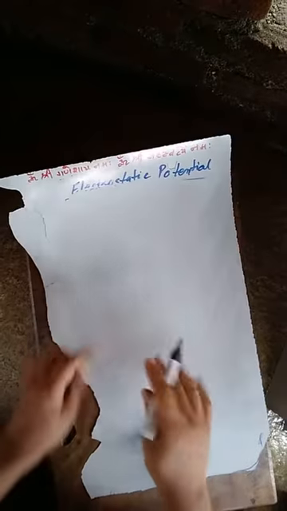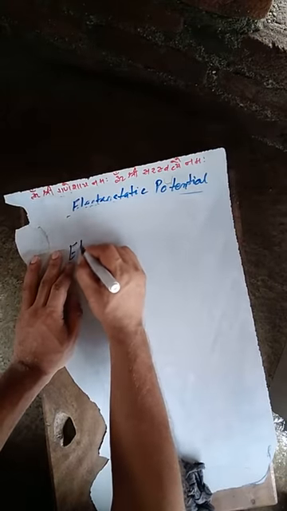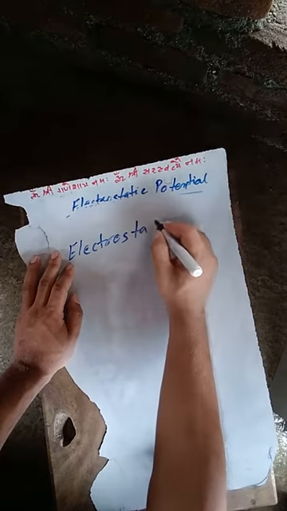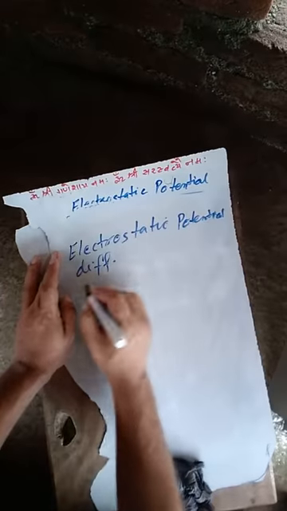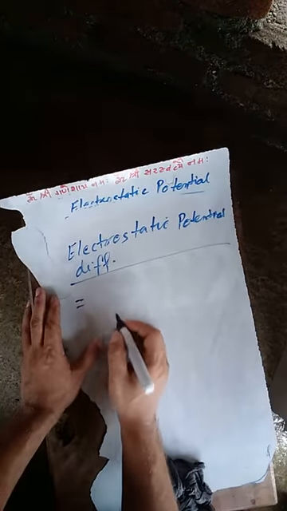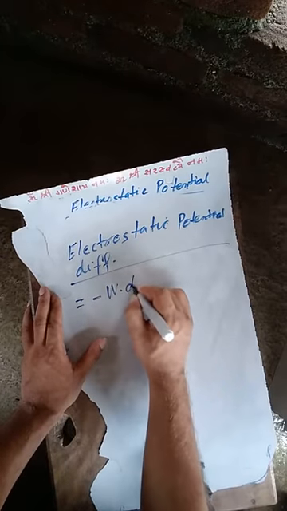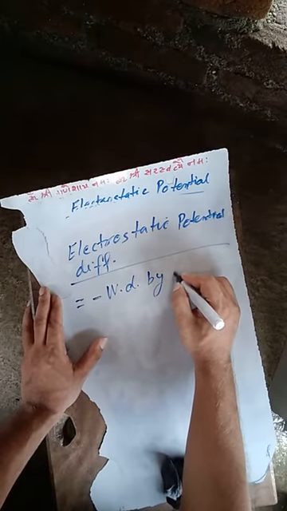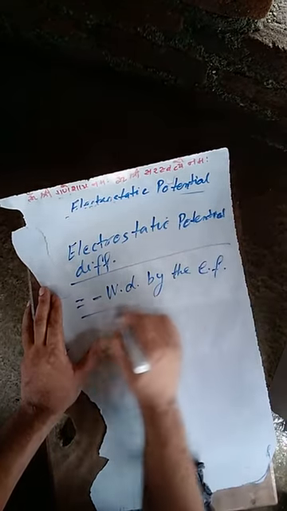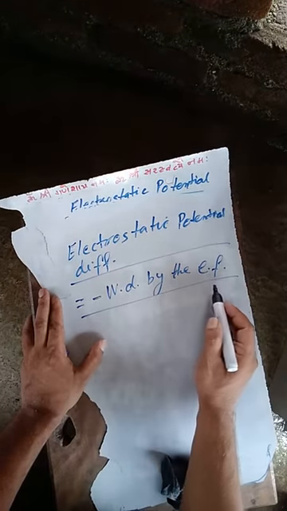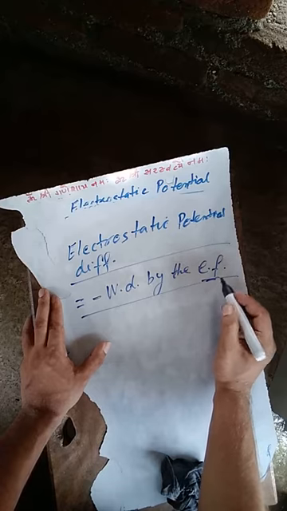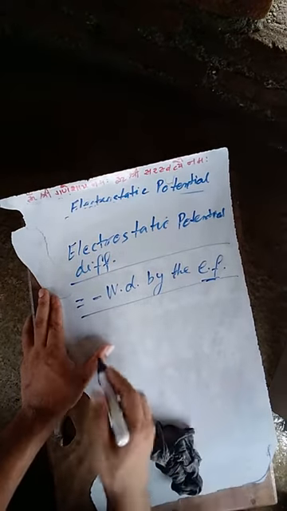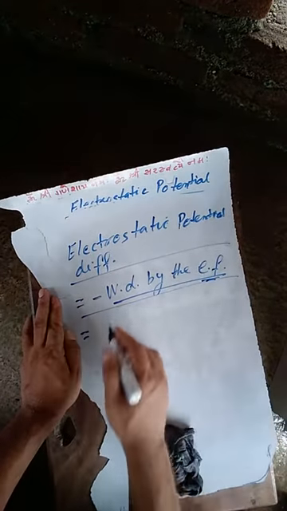So this is the potential difference. Now the question comes, if we are asked for the electrostatic potential difference, what will it be? It will be the negative of the work done by the electric field, because what is your electric field is your work done by the electric field, negative of the work done by the electric field. And what is the work done by the electric field? It is the line integral.